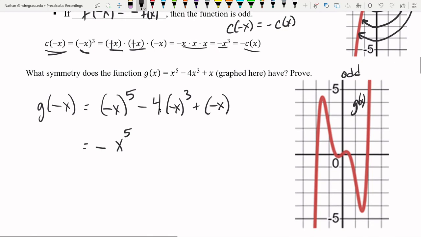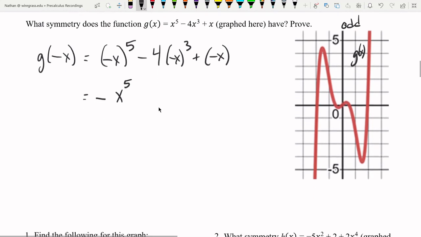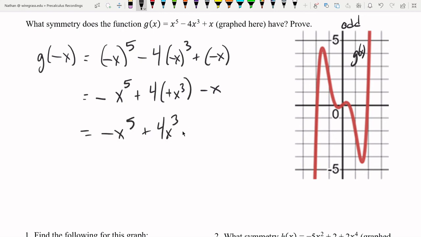Same process, except now we have 2 different pairs, two distinct pairs inside this 5th power, but 1 still remains. The same thing happens for this one. It becomes negative of x cubed. And then plus the negative x is just negative x. So these 2 negatives cancel. We get negative of x to the 5th plus 4x cubed minus x.